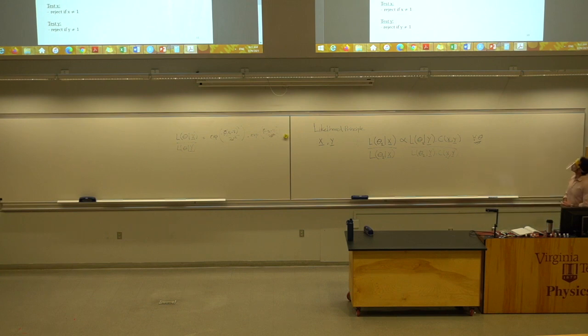If we're doing the likelihood ratio test, then if x equals 1 or y equals 1, in both cases you would prefer theta null over theta 1. The ratio of the likelihoods just tells me that theta null is more likely. Suppose you're testing using p-values. One way you construct your acceptance and rejection regions is, if x equals 1, then you fail to reject theta null.